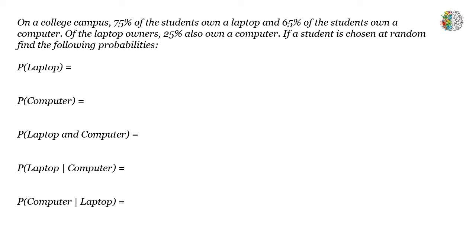If a student is chosen at random, find the following probabilities: the probability of owning a laptop, the probability of owning a computer, the probability of owning a laptop and computer, the probability of owning a laptop given that you already own a computer, and the probability that you own a computer given that you already own a laptop.